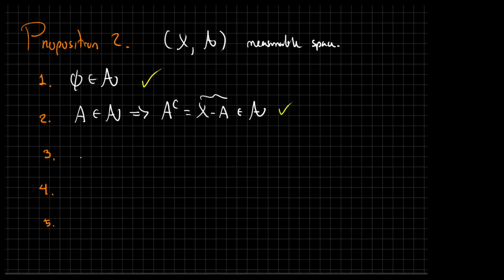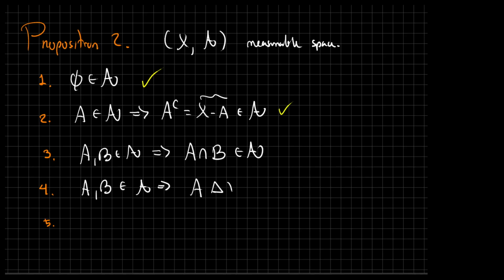And then intersections are maintained in the sigma algebra. We will prove this, and of course the following also holds.